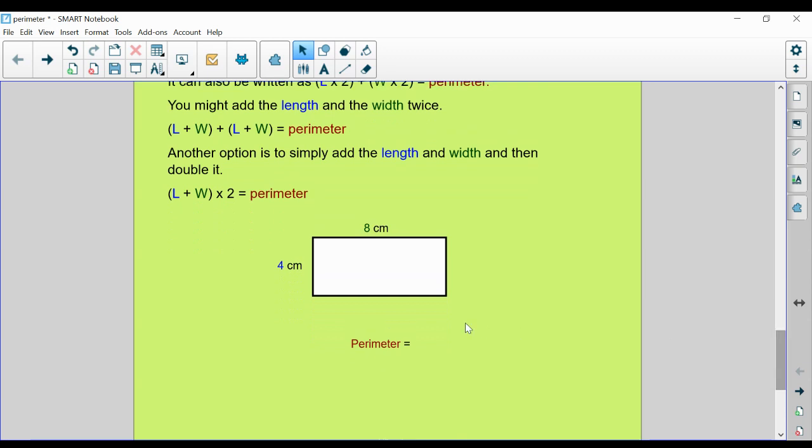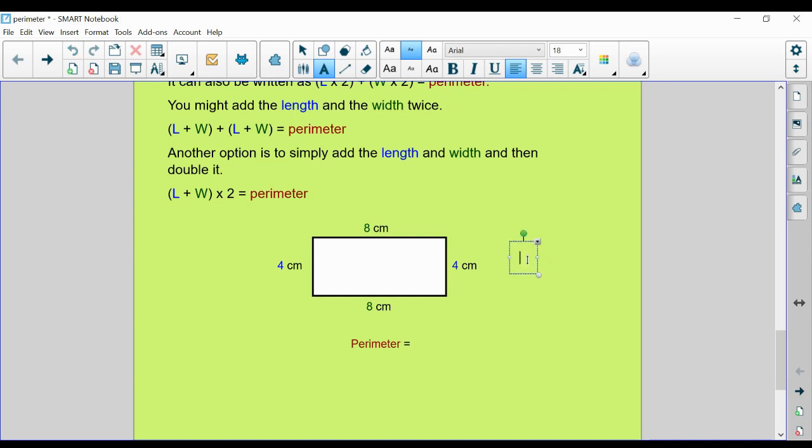So let's calculate this perimeter. First, I'm going to label the opposite sides of the rectangle. I know that's 4, and then I know this opposite side is 8. And then I'm going to do a little bit of calculation. I might do it this method. 8 plus 8 plus 4 plus 4.